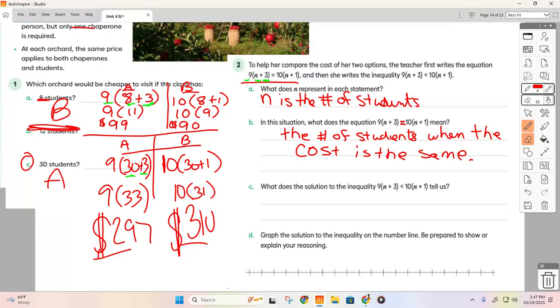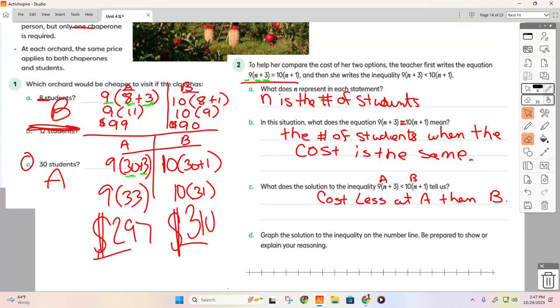What is the solution whenever A is less than B? So this is orchard A, this is orchard B, and this inequality tells me when it costs less at A than B. Perfect.